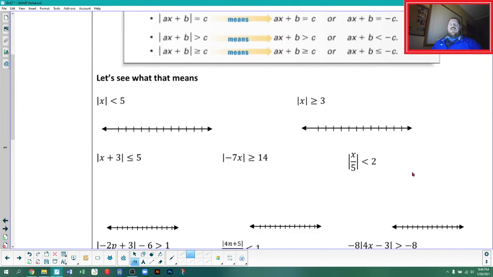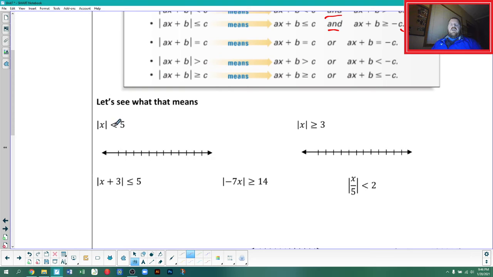Let's look at these 2 examples. So I've got absolute value of x is less than 5. Well, let's split that up. That means that x is less than 5. And then we know that it should be an "and" in here, but we can just leave it blank and think for a second.